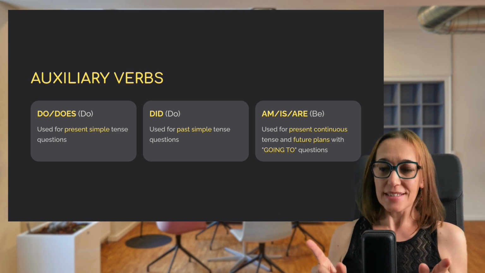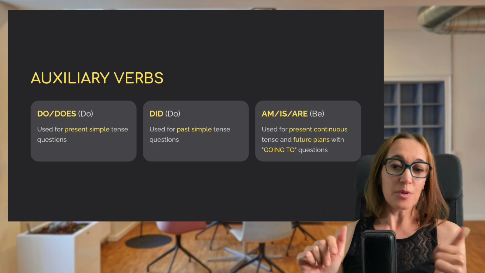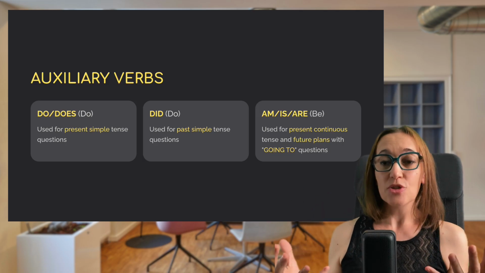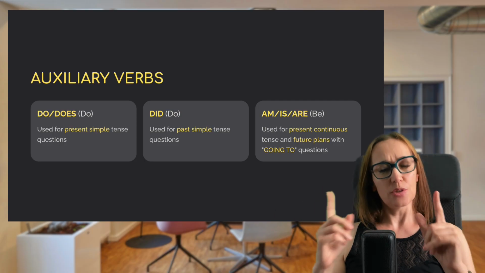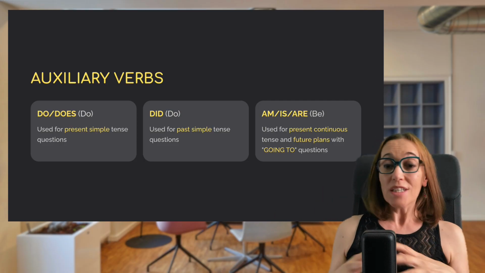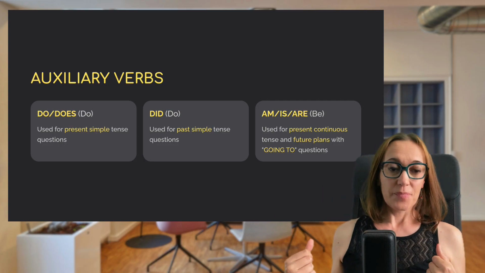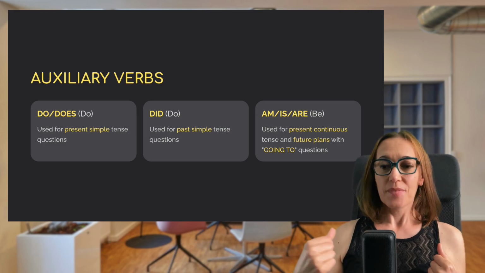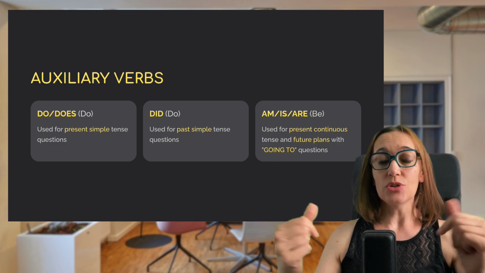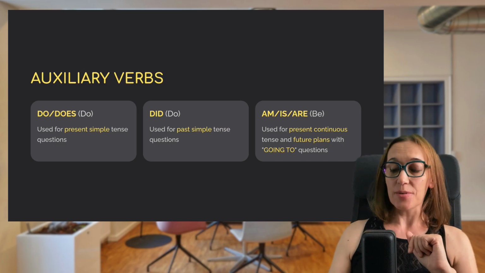And not only this, these three helpers, am, is, and are, help us to talk about future plans with the expression going to. For example, what are you doing right now? Where are you staying this week? Or what are you going to do next year?